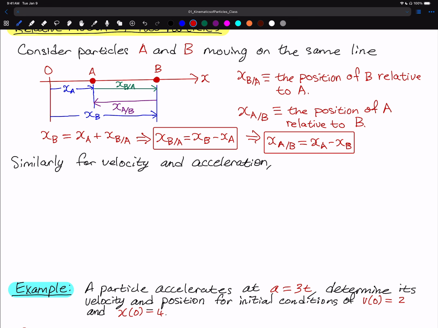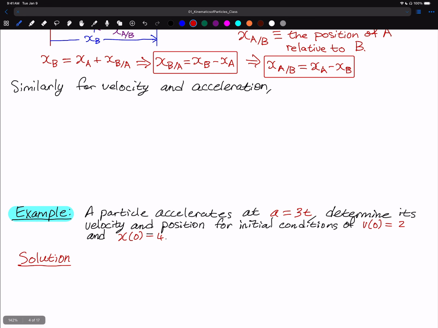We can do the same thing for velocity and acceleration. We will find that vB/A, this is the velocity of B relative to A, is equal to vB minus vA. And then for the acceleration, aB/A is equal to aB minus aA.